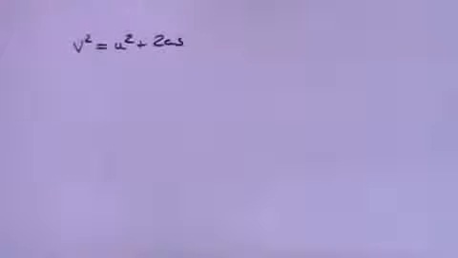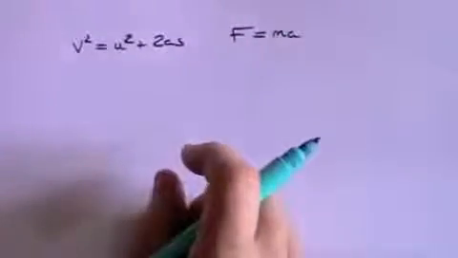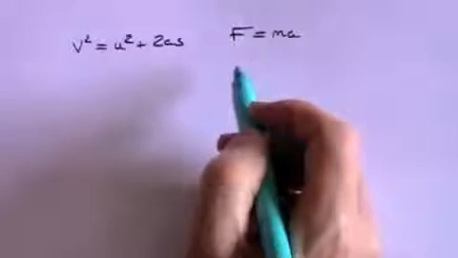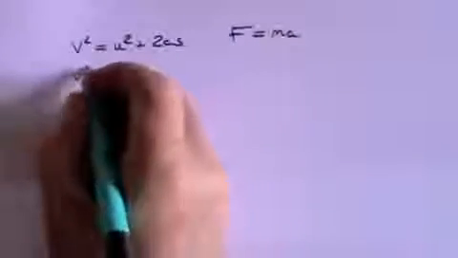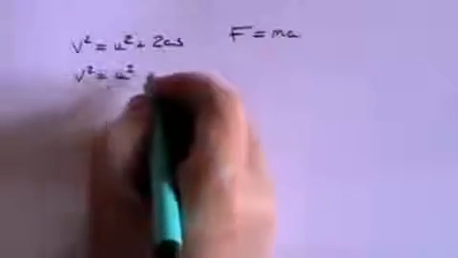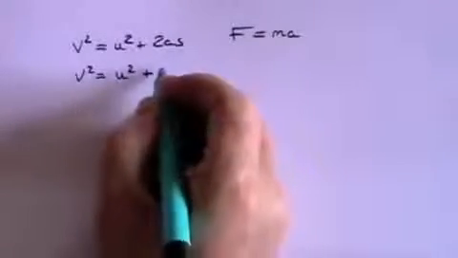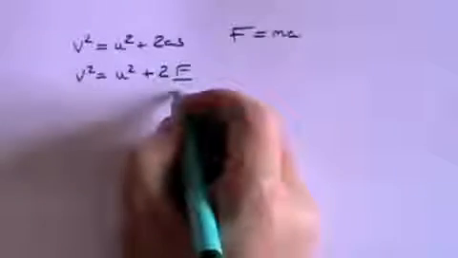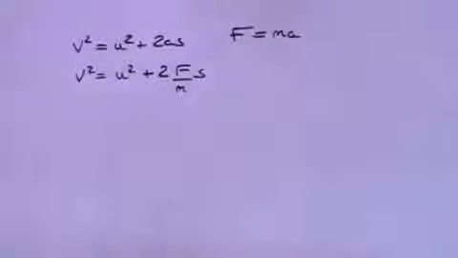Now let's take that formula, v squared equals u squared plus 2as. And remember that we've already identified Newton's second law, which says that F equals ma, which means that a is F divided by m. So we can substitute that into this equation. v squared equals u squared plus 2, and instead of a we're going to put F over m, times s.